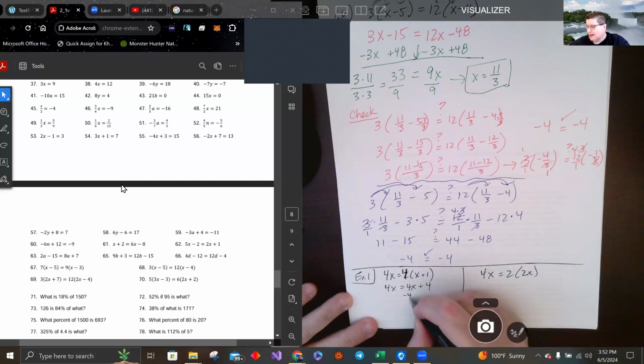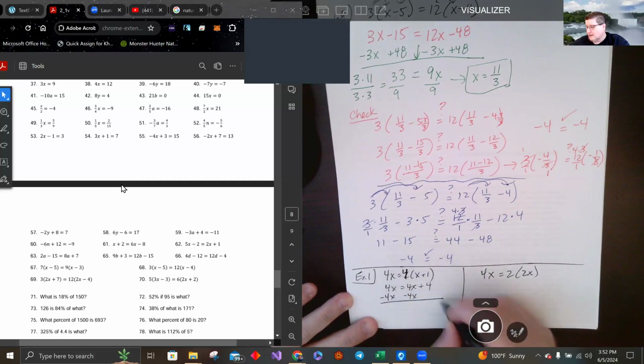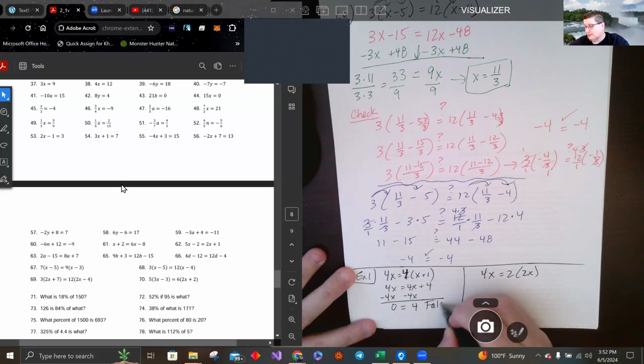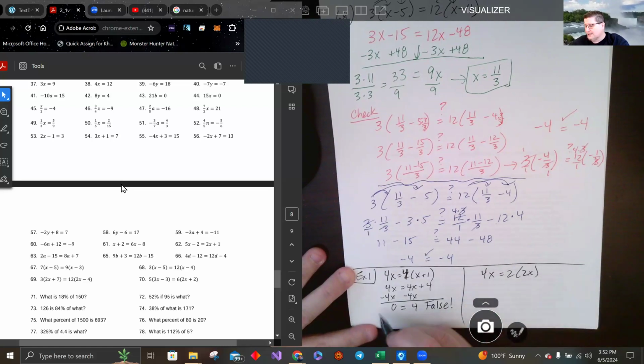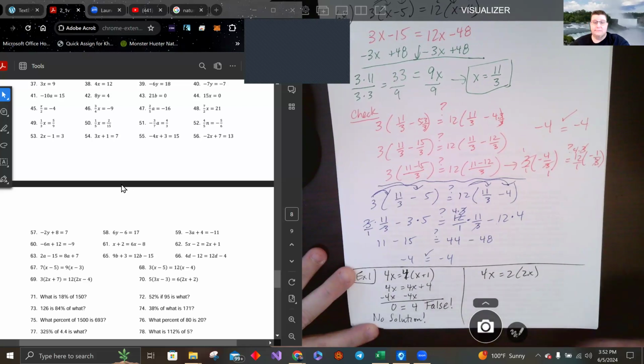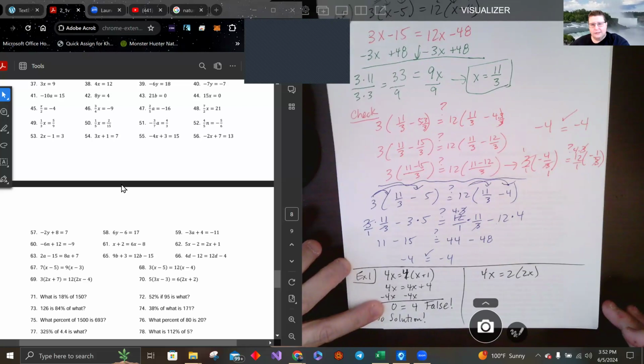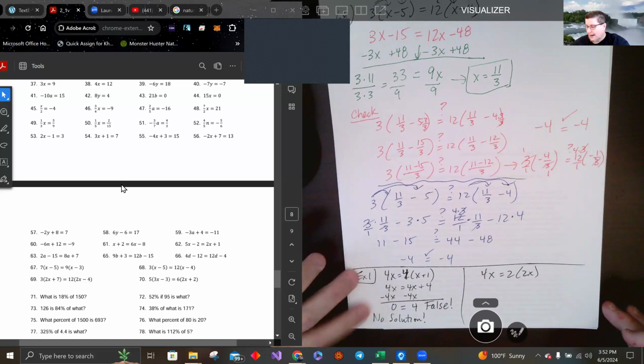And if I subtract 4x from both sides, I get 0 equals 4, which is false. This means there is no solution. So if you follow the right steps and you get a statement that is always false, 0 never equals 4, all the variables have gone away, and it made a false statement, no solution.